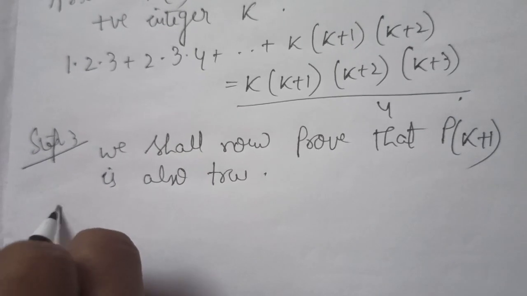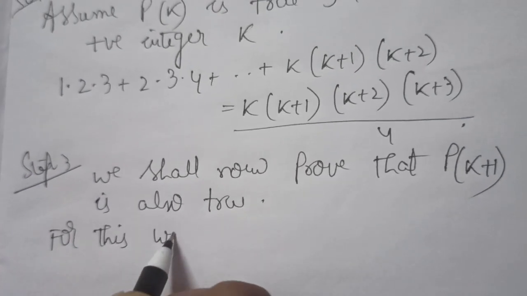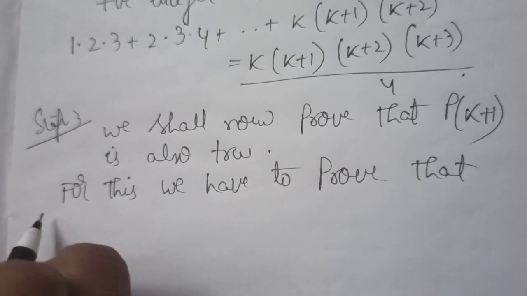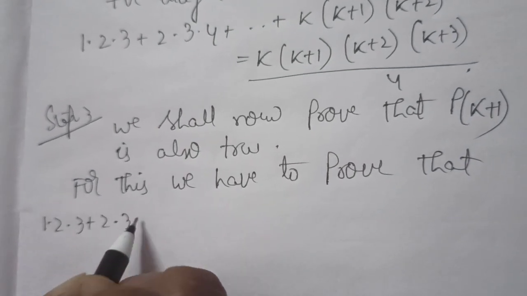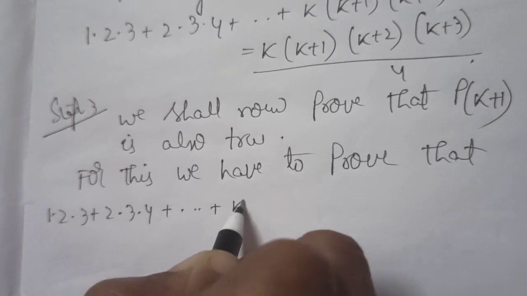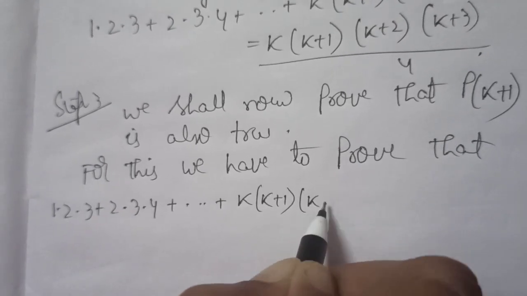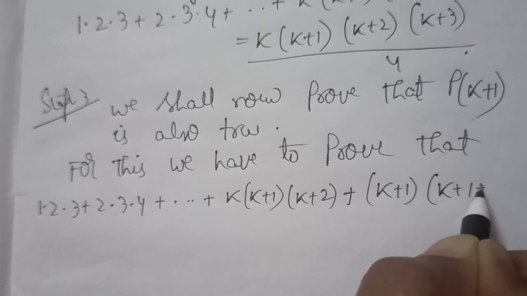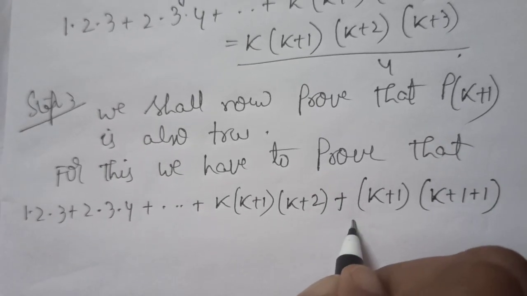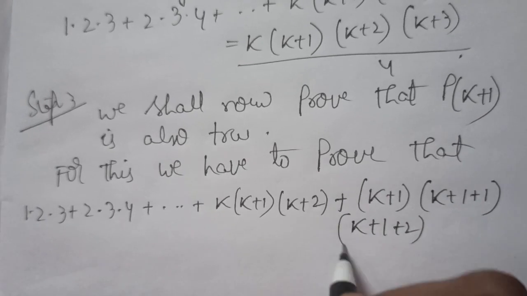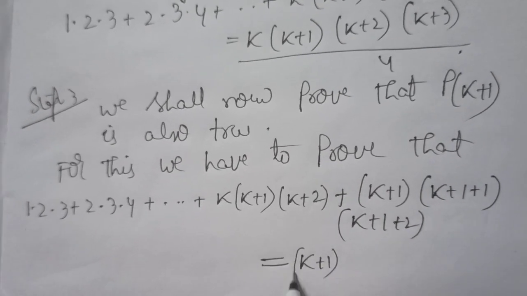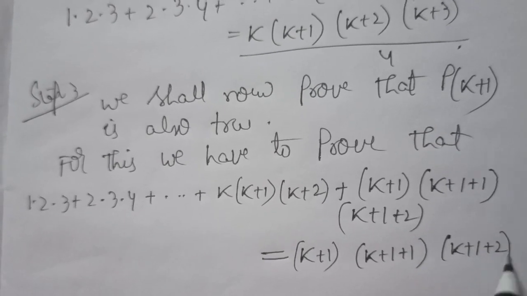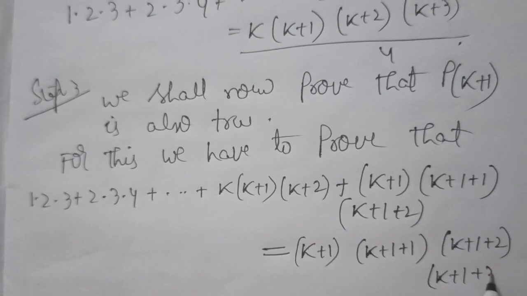For this we have to prove that 1 into 2 into 3 plus 2 into 3 into 4 plus, continuing this way, k into k plus 1 into k plus 2 plus k plus 1 plus 1, that means k plus 2, and k plus 1 plus 2, equal to k plus 1 into k plus 1 plus 1 into k plus 1 plus 2 into k plus 1 plus 3 divided by 4.